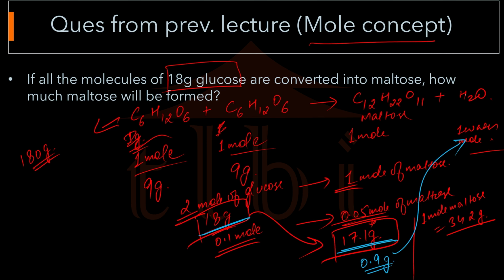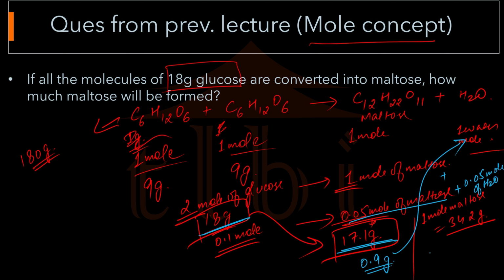I am talking about the stoichiometry: it will be equivalent to the same amount as maltose, which is 0.05 mole of water that will be formed, right?